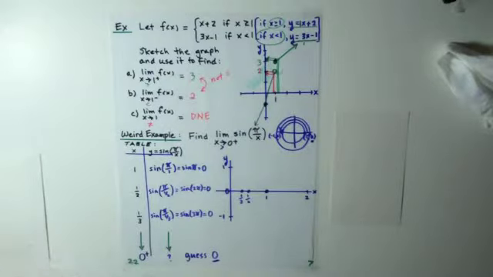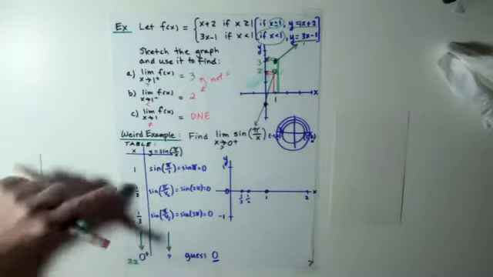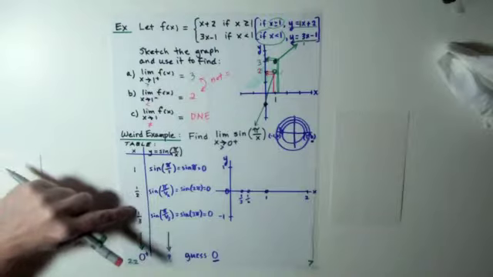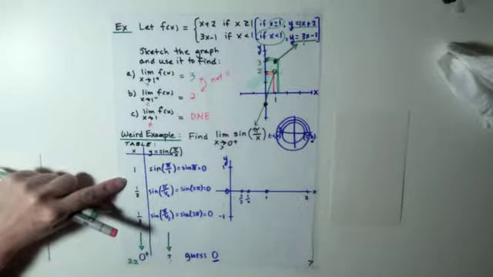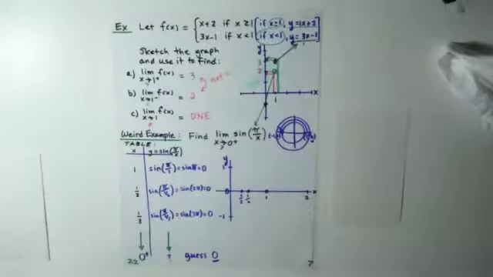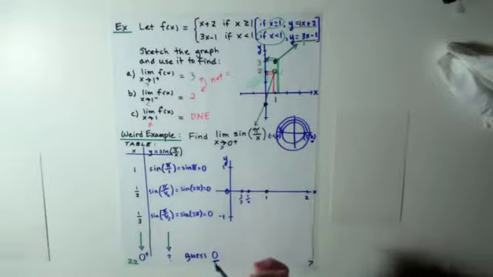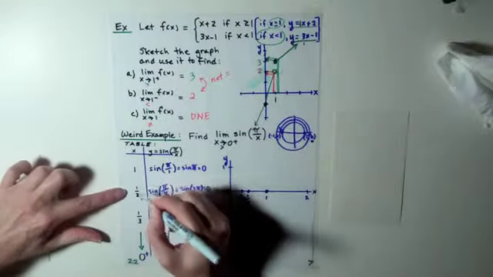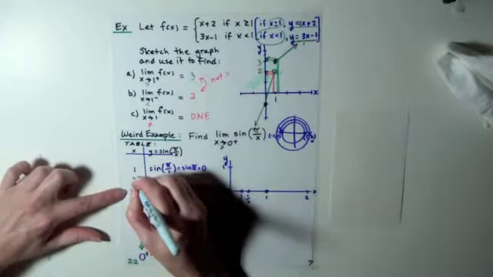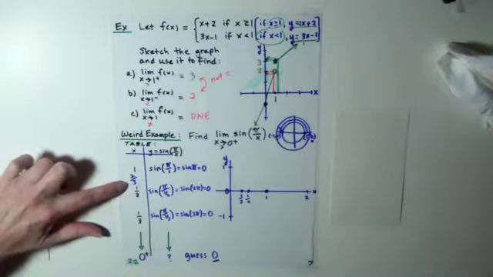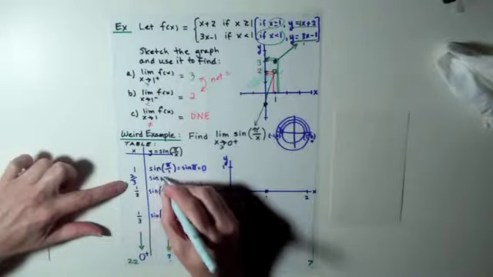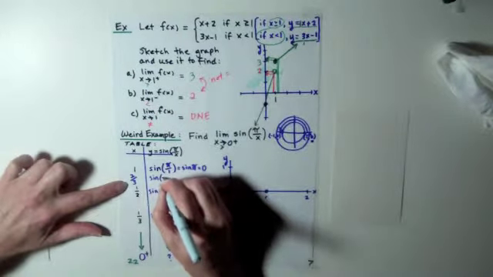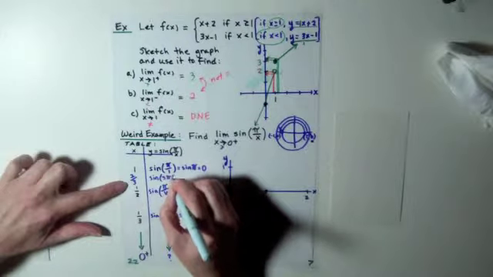However, you can also plot some points that are x values in between these. As an example, you might go ahead and try a value in between 1 and 1/2. I'm going to try the value 2/3. If I plug 2/3 in for x, I would end up with sine of pi over 2/3. I invert and multiply, I get sine of 3 pi over 2.